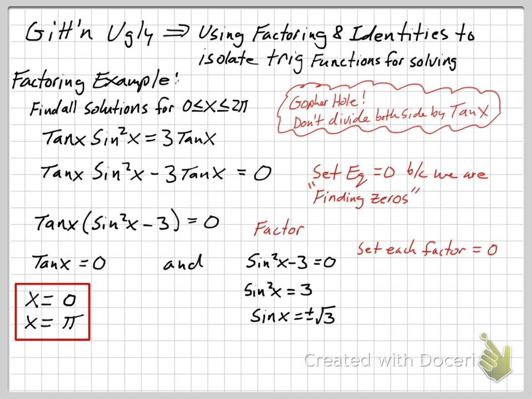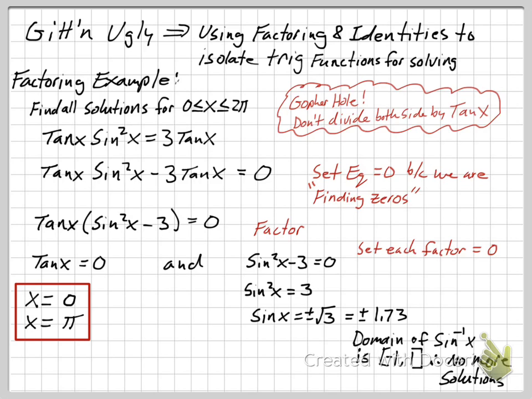You're looking at the circle and it kind of sounds familiar. I want you to think about something. Square root of 3 is about 1.73. What is the domain of inverse sine? It's -1 to +1. So this is not a solution.